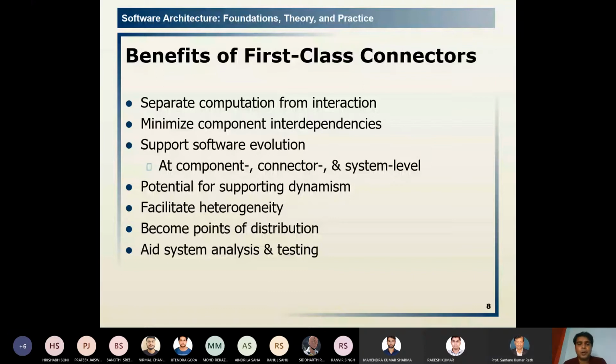The potential for supporting dynamism: it has the potential to support dynamic interaction between the components. It also facilitates heterogeneity, meaning it can help us interact between different platforms. It does not mean the platform will be the same.